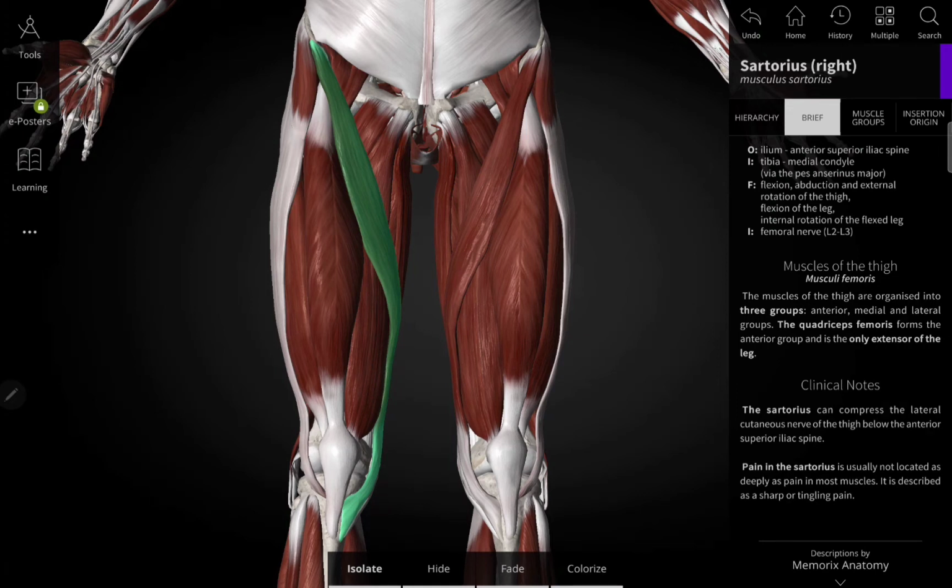So before moving on to the next muscle, I would like to mention what are all the muscles that are included in the anterior compartment of the thigh. So first we saw the sartorius muscle.